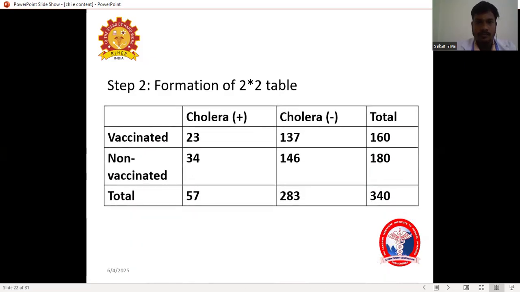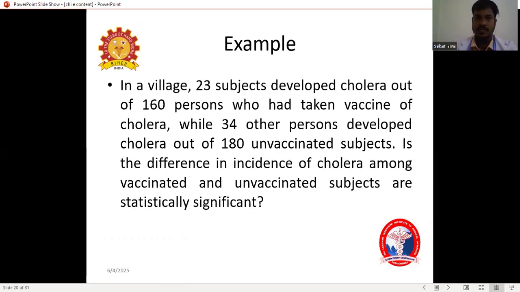So here, let's do the formation of the table.